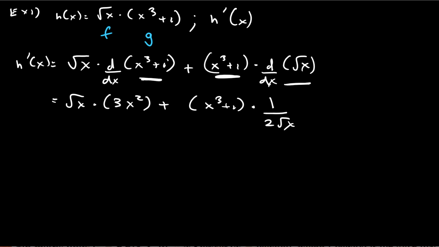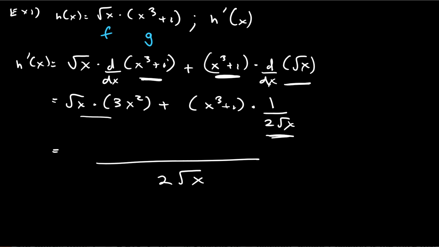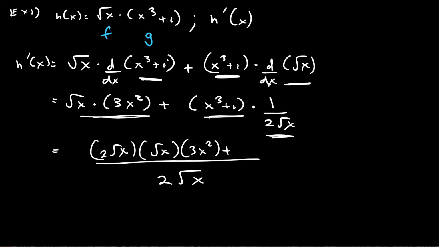Now continuing, we have a denominator of 2 root x, so we're going to get a common denominator of 2 root x. So we need to multiply this term by 2 root x. So we'll have 2 root x multiplied by the root x times 3x squared, plus this term already has 2 root x on the bottom, so we just leave it as is, x cubed plus 1.